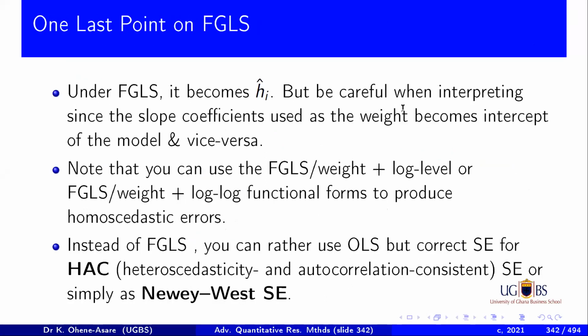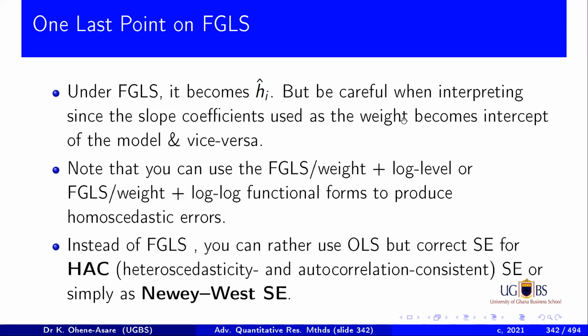One last point on feasible GLS. Under the feasible GLS, okay, the constant becomes the H cap. It's not an H, but an H cap. But we are told that it's always nice to be careful with interpreting the slope coefficient used as the weight. Okay.